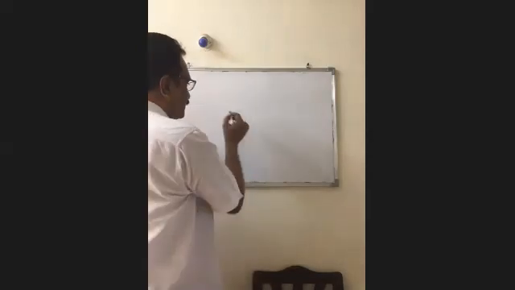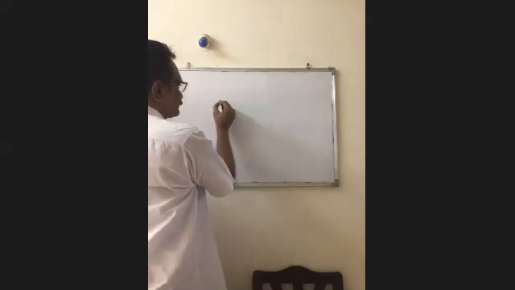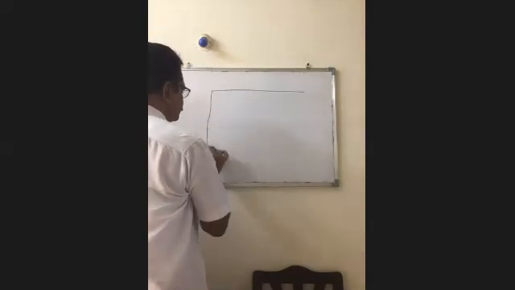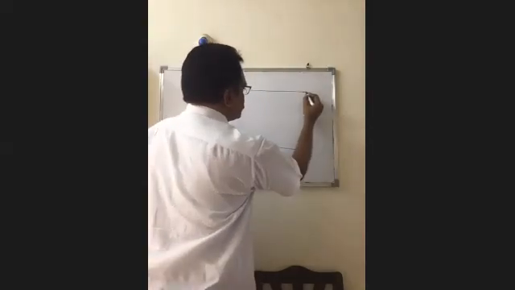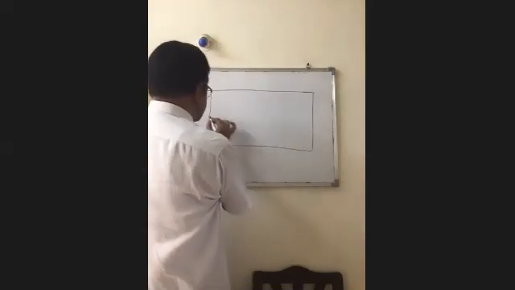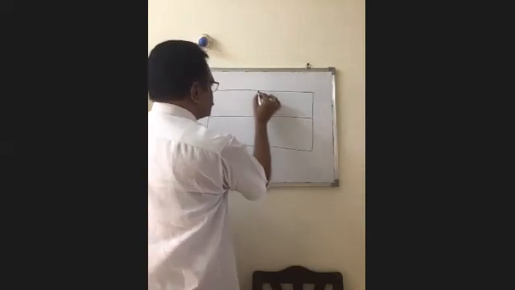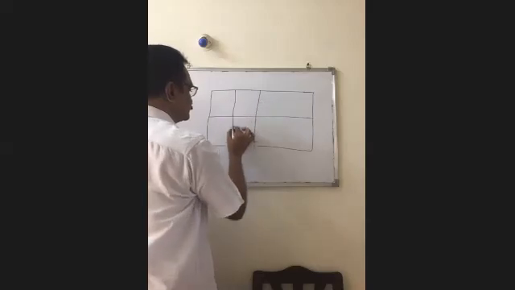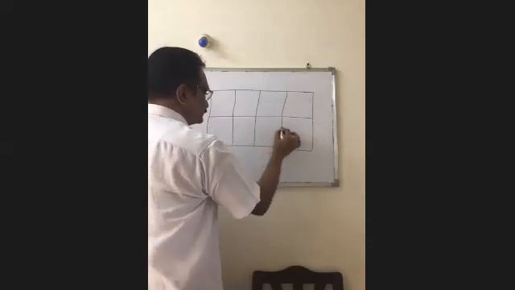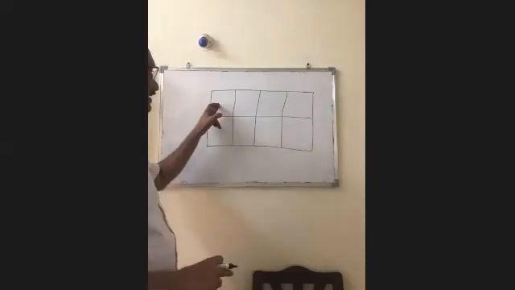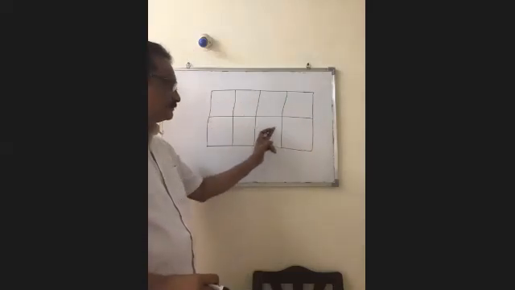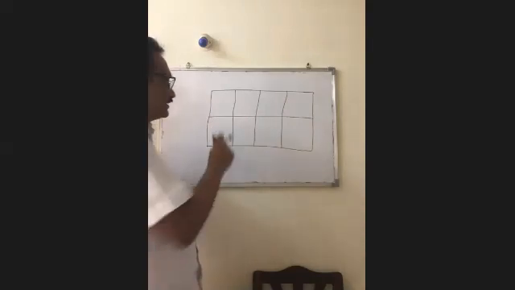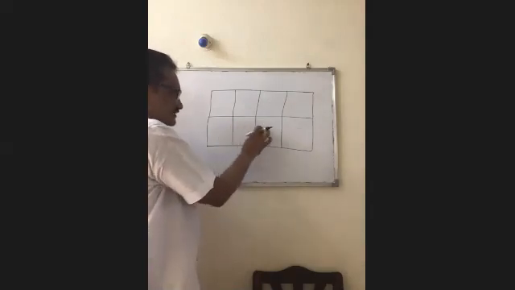This is the structure of the 3 variable K map. How many squares are there in this one? 8 squares for a 3 variable K map. 8 squares or 8 cells. These are all the squares or cells.